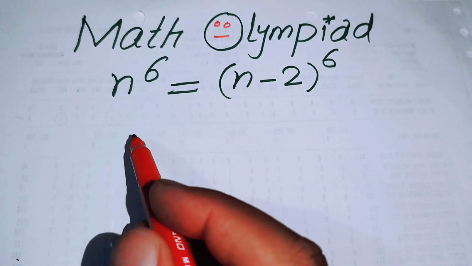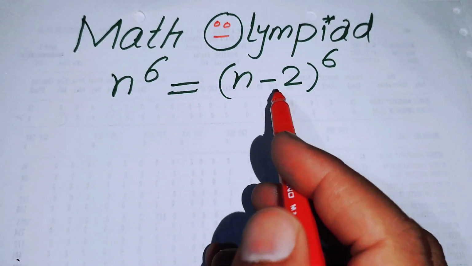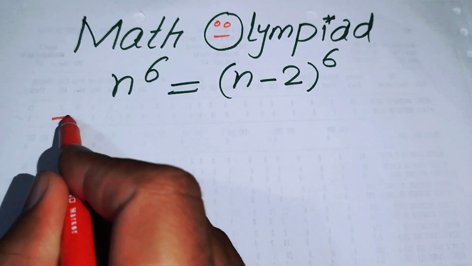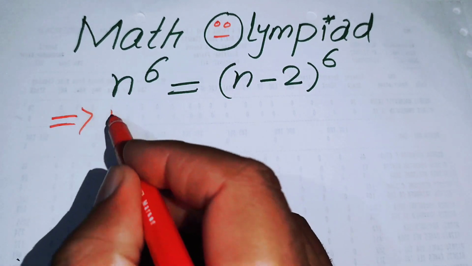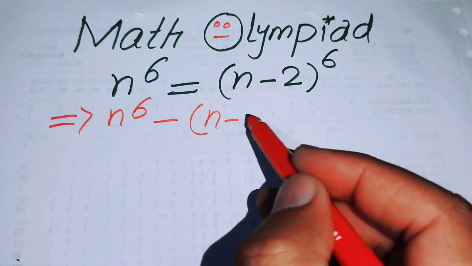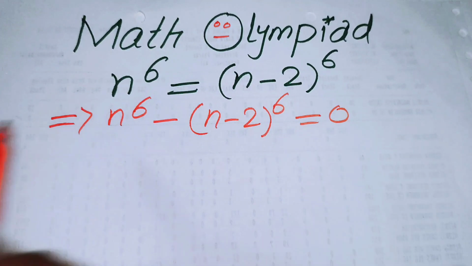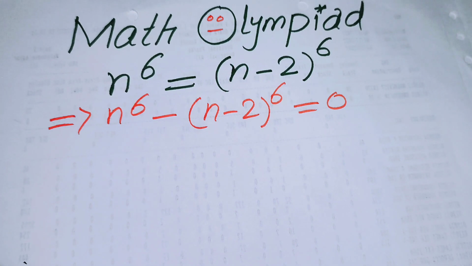So the very first thing we are going to do is move this (n minus 2) to the power of 6 to the left hand side, and we will obtain n to the power of 6 minus (n minus 2) to the power of 6, and this whole equation is equal to 0.